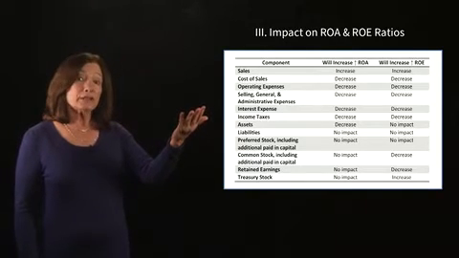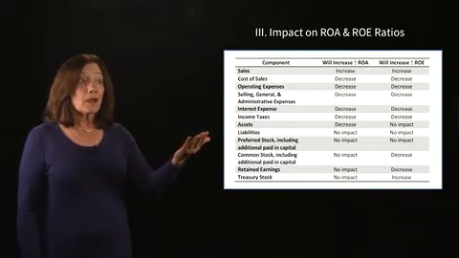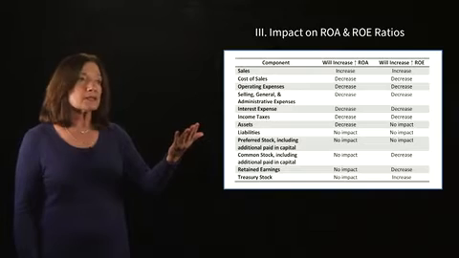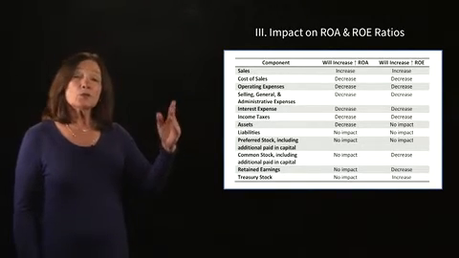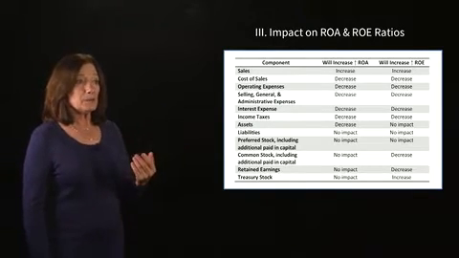Selling, general, and administrative works the same way as our cost of sales. Interest expense works the same way, income taxes the same way. Any decrease that we have will serve to increase ROA and ROE.